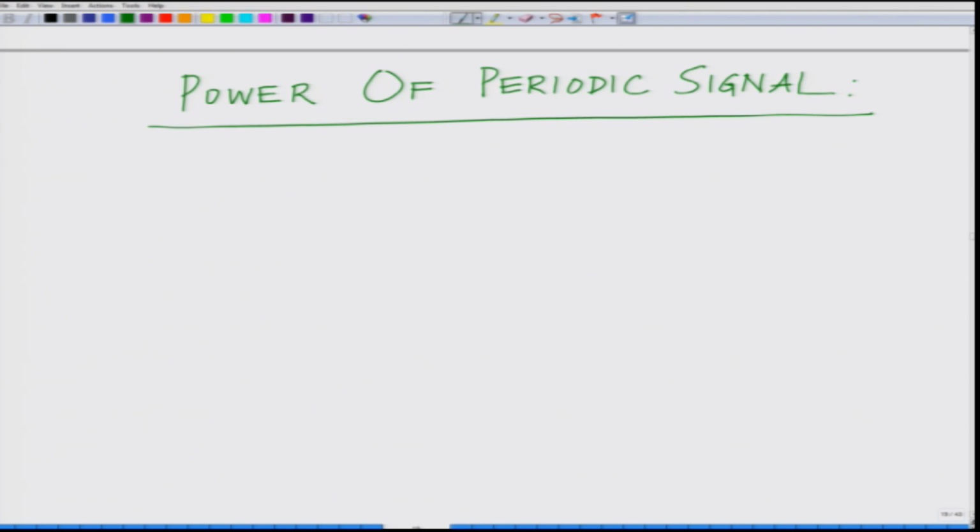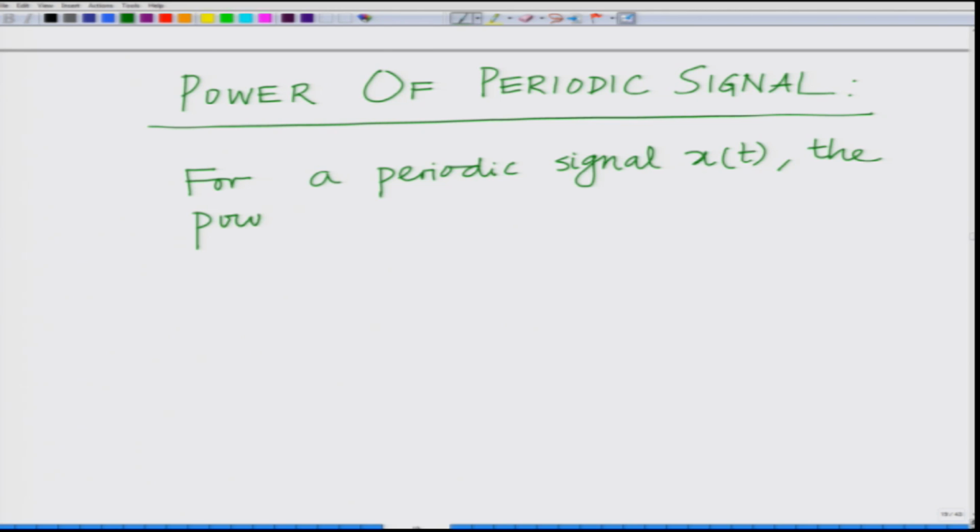We have already seen that for a periodic signal x t, the power is defined as P equals 1 over T integral 0 to T. Again, in fact, this integral can be carried out over any period.